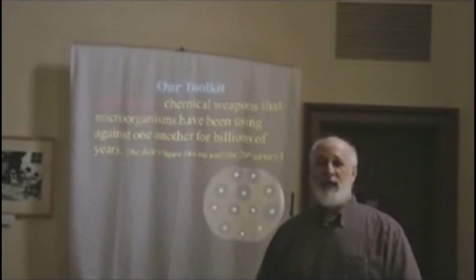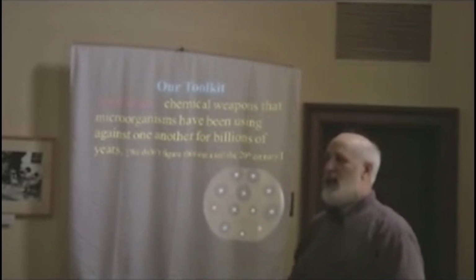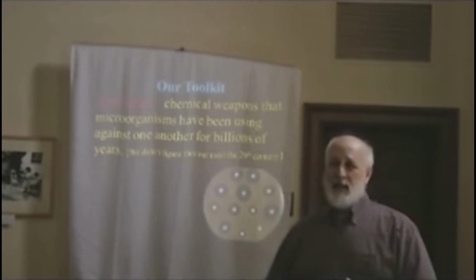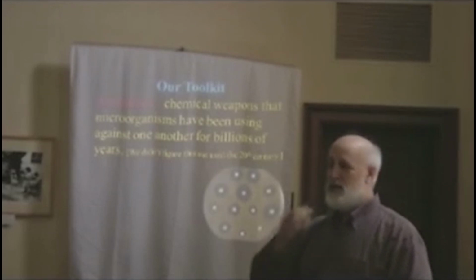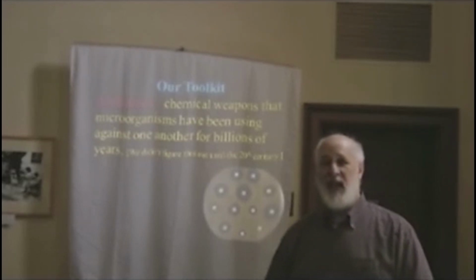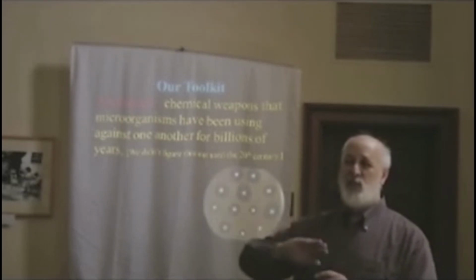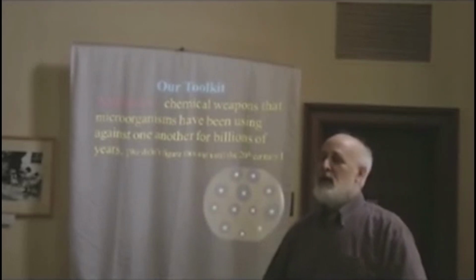Okay, so we have a toolkit of some basic items that we can utilize. One of them are chemicals called antibiotics. Fungi and bacteria have been fighting each other chemically and otherwise for billions of years. And in the process, one of the chemical tools that they have are these things called antibiotics, and they can release these, and these will kill or impede the growth of other organisms.